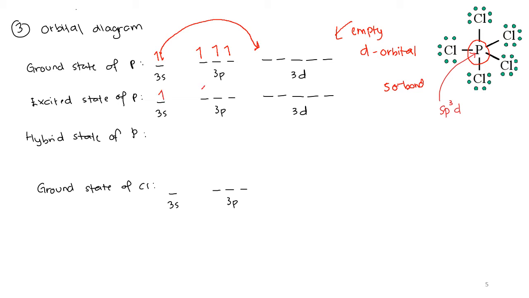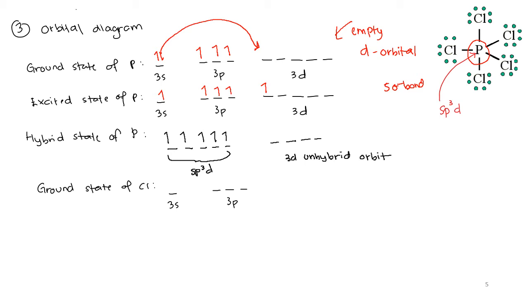So now at excited state, you have 5 single electrons, and for hybrid state, you will form 1, 2, 3, 4, 5, and all of them are sp3d hybrid. And the rest of this will be 3d unhybridized orbital.